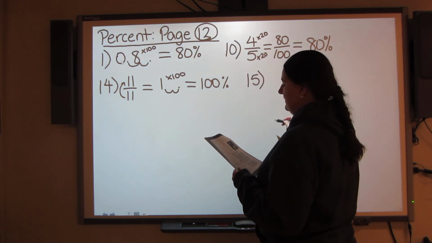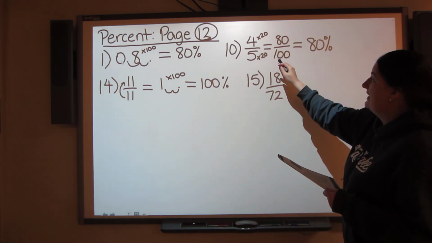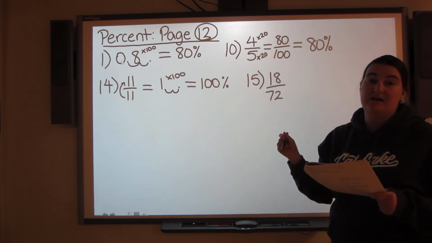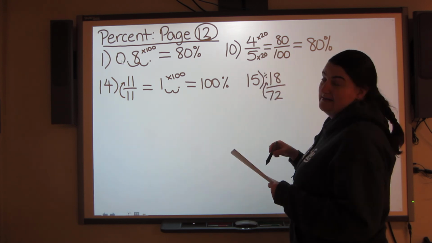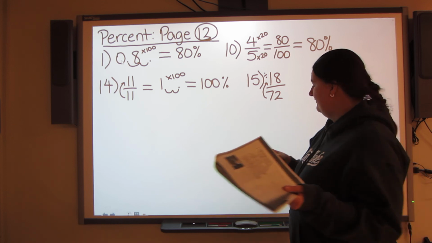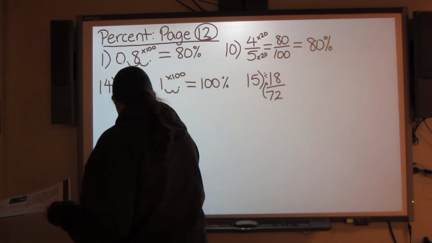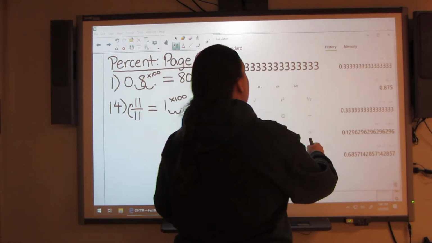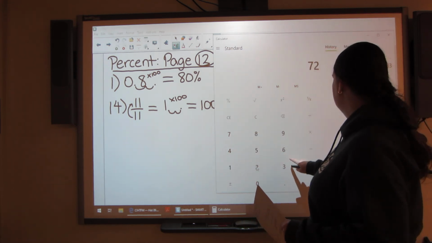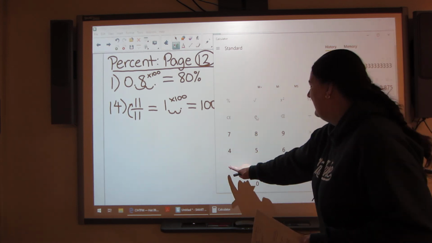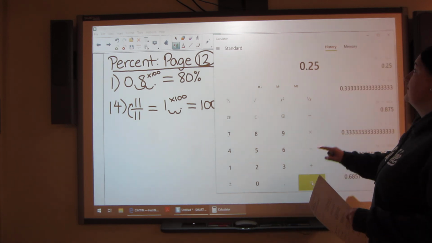All right, number 15. We're going to do number 15 because this is another example where you're going to use division because you can't change 72 into 100. It's not part of our 100 math facts. So we're going to divide again. This time we're going to use our calculator. 18 divided by 72 is 0.25.